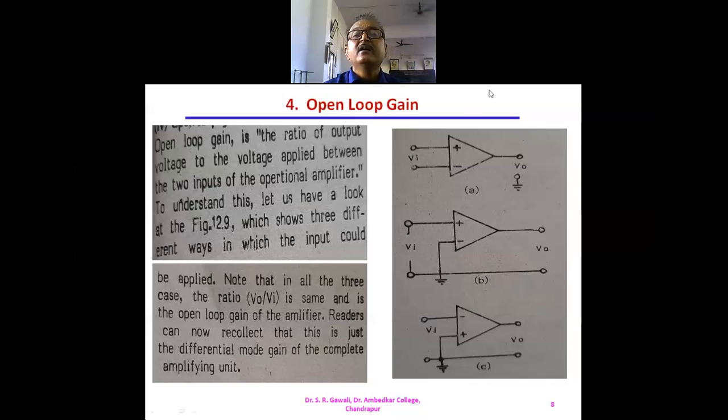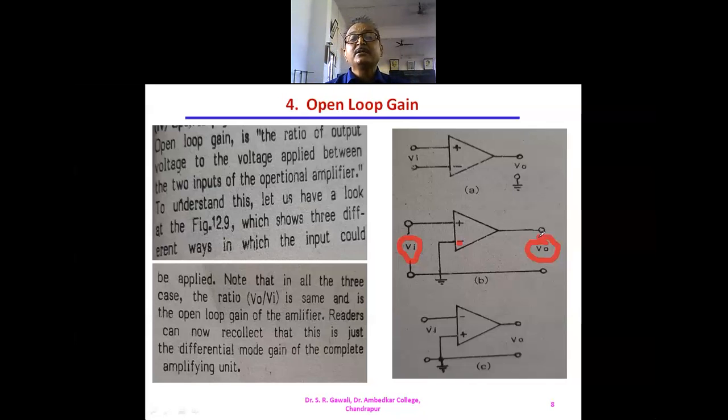So when minus terminal, means inverting terminal, is grounded and input is applied between the non-inverting terminal, means plus terminal, and the ground, that input is the VI, and then we get the output VO. So what will be the open loop gain? Open loop gain is the ratio of output to the input. So VO upon VI is nothing but open loop gain of the operational amplifier.